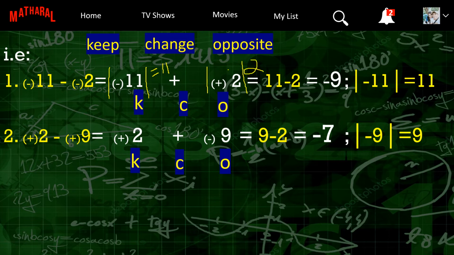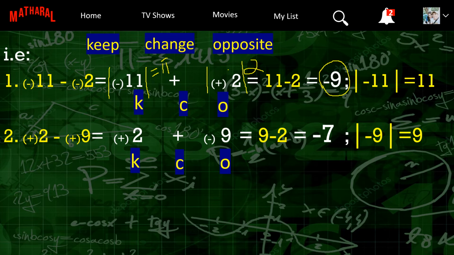Tama? So, focus tayo. Ano ang masusunod sa dalawa? Ito bang 2 or yung 11? Ang tamang sagot ay yung sign ni 11. Ano po ba ang sign ni 11? That is negative. So, the sign of our answer is negative po. So, instead of positive 9, it is negative 9, where the highest absolute value of integers came from negative 11. So that is why the answer is negative 9. Titingnan lang po natin siya doon.